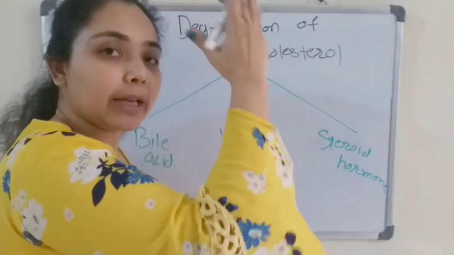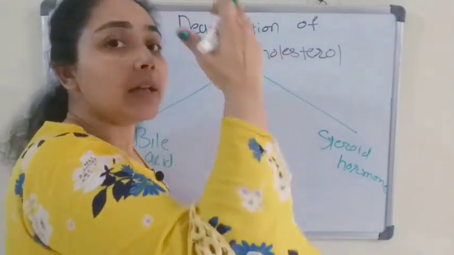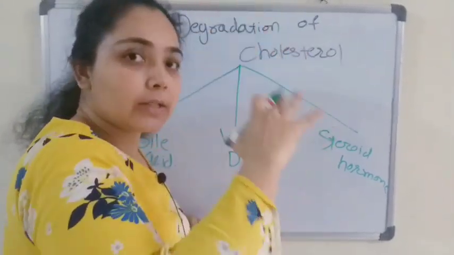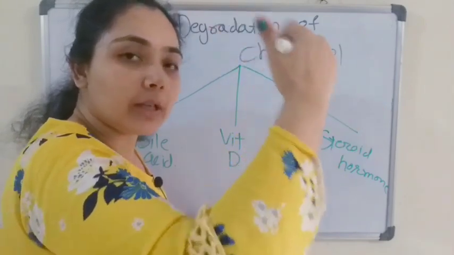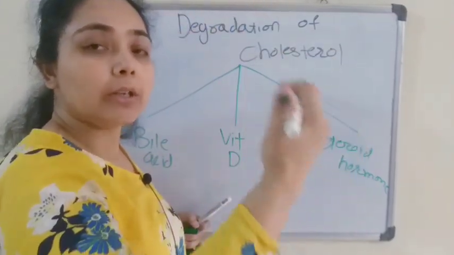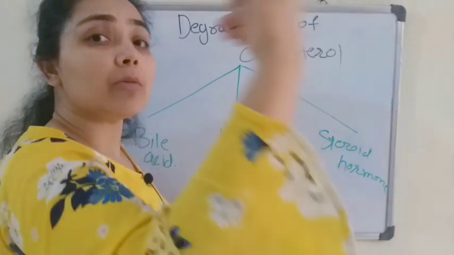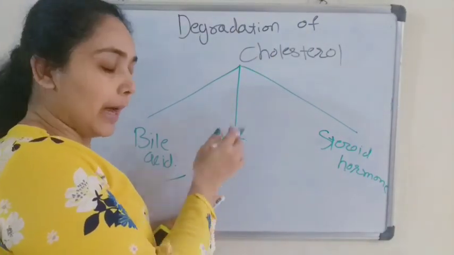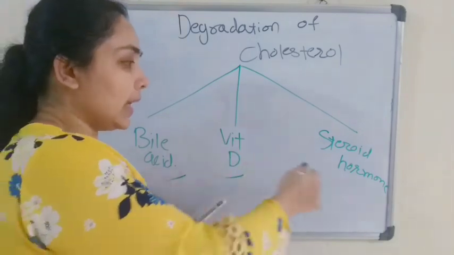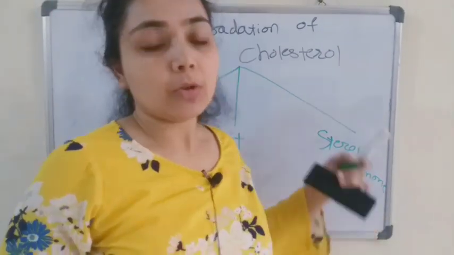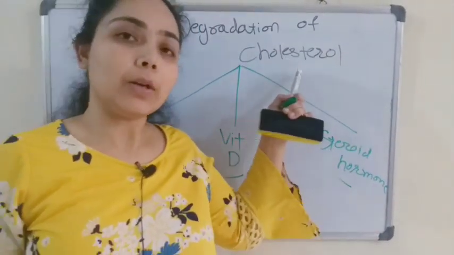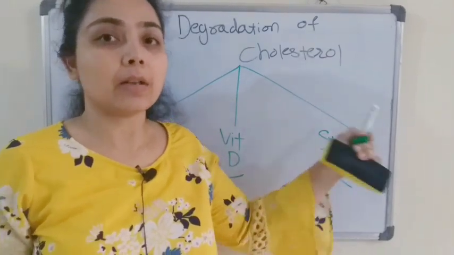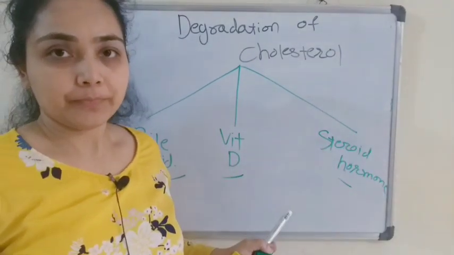So that way the degradation of cholesterol takes place. After certain modifications or breakdowns, the body converts it into products useful to our body: bile acid, bile salt, vitamin D and the steroid hormones. So we can also say that cholesterol acts as a precursor for all these molecules.